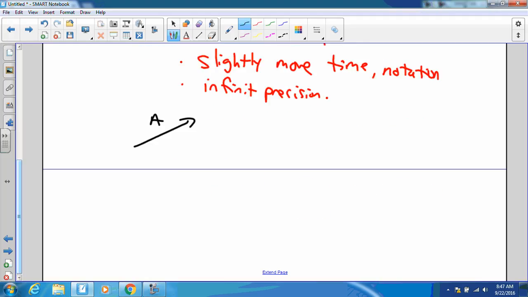Let's say I have A, and let's say I have B, like so, and I wish to add them. And so I visualize A as the combination of AXi plus AYj.